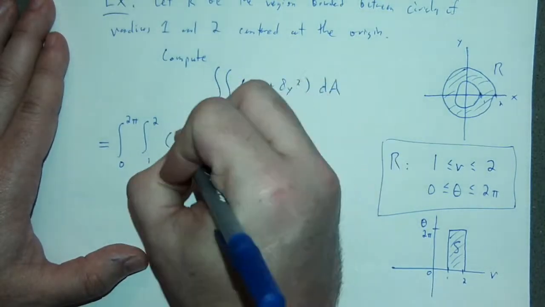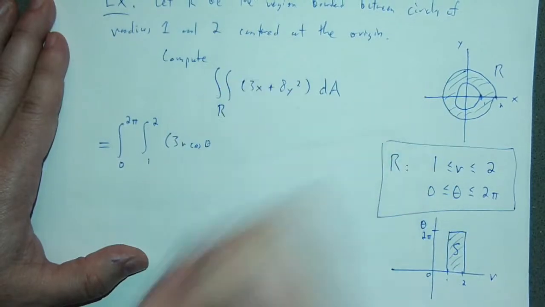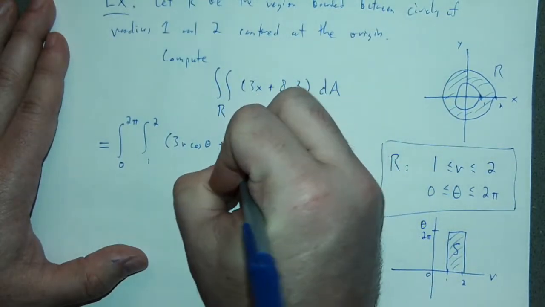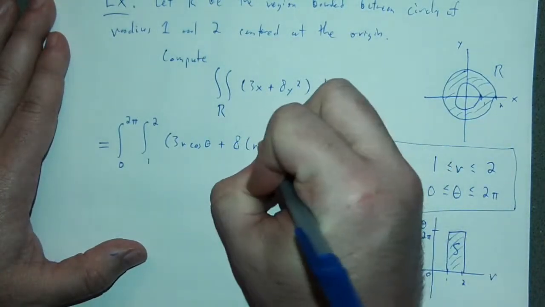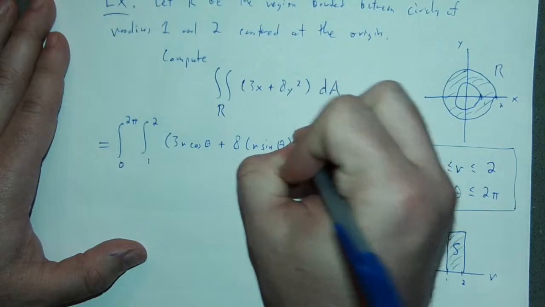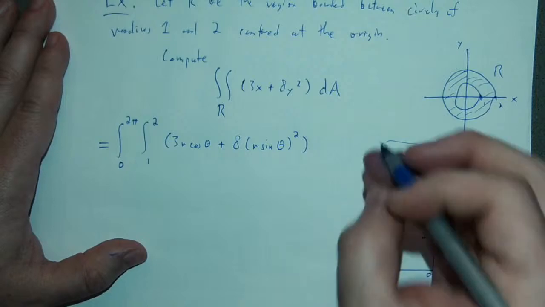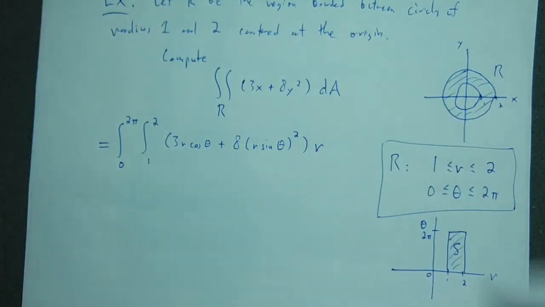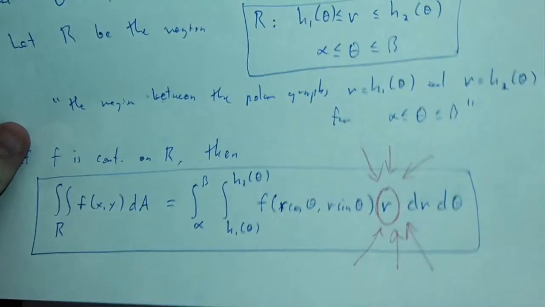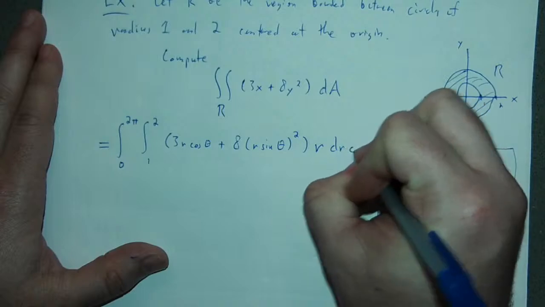So this is 3 times r cosine theta plus 8 times r sine theta all squared, now what? Times r, which is our extra special factor here that always shows up. dr d theta.